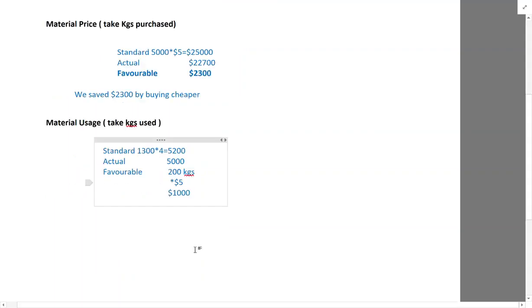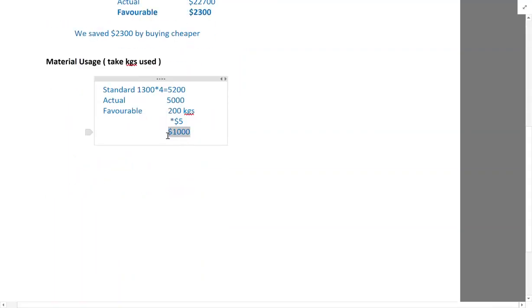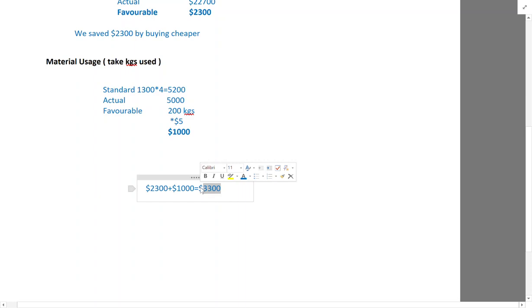Okay. So adding both, 2,300 plus 1,000 gives us 3,300. Okay, so we saved total 3,300 on material, 2,300 because we bought cheaper, and 1,000 because we used less.